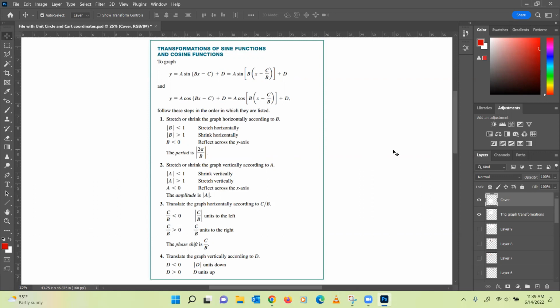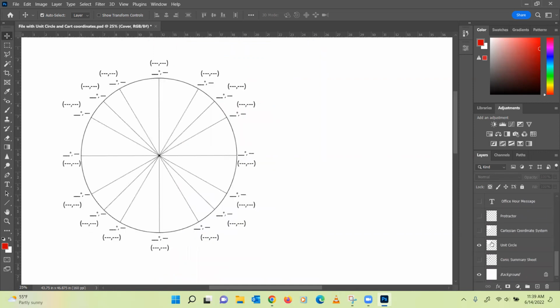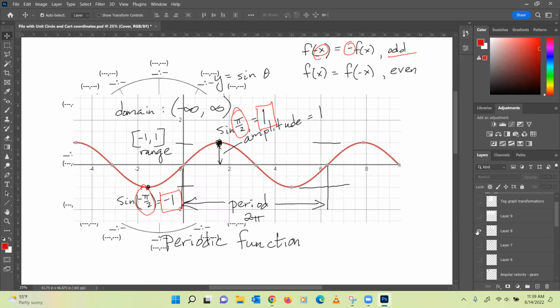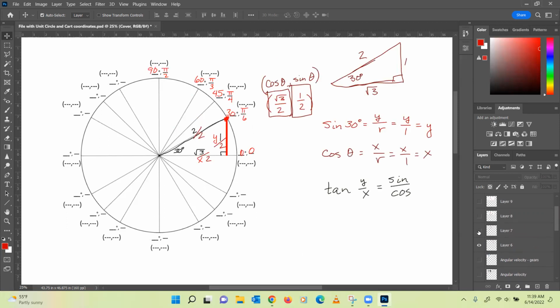So that gives us a sense and kind of wraps up our discussion of chapter 6. That's our intro to trig. We've talked about degrees and radians. We populated the unit circle, and that was really helpful for us because now we can get the sine, cosine, and therefore tangent of any angle that's on this unit circle.